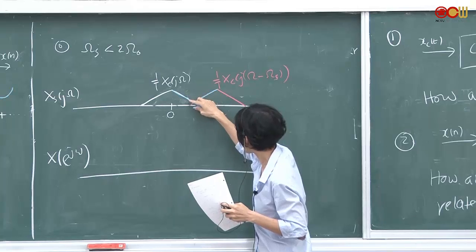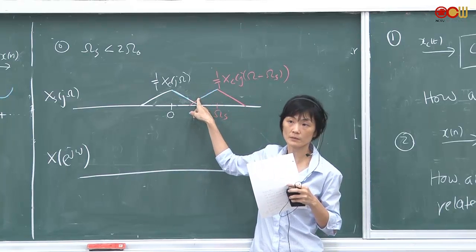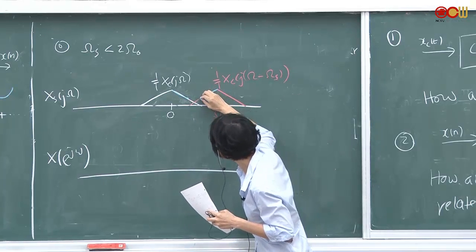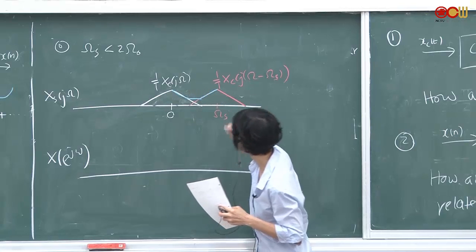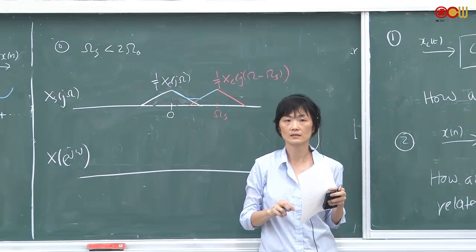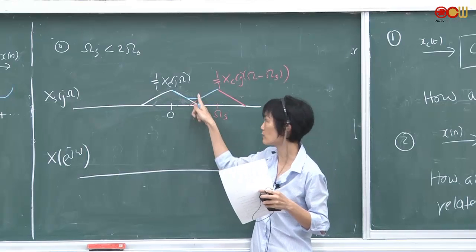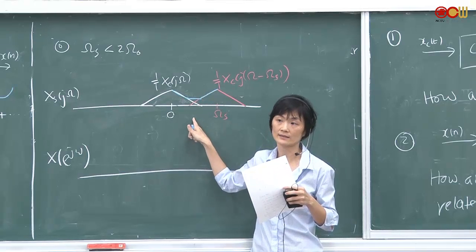But right in the middle, there's overlapping between two copies, and we wouldn't know what the original value of Xc is.